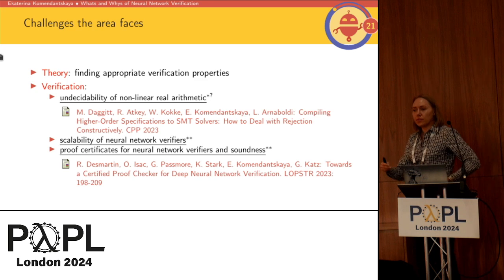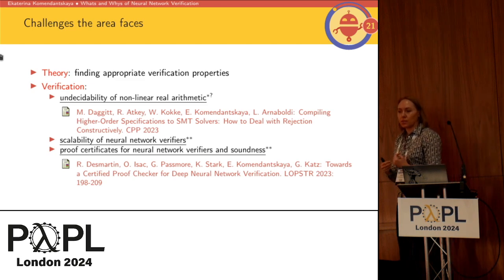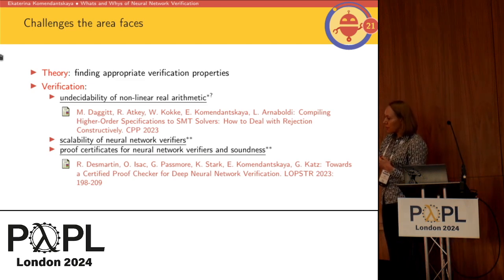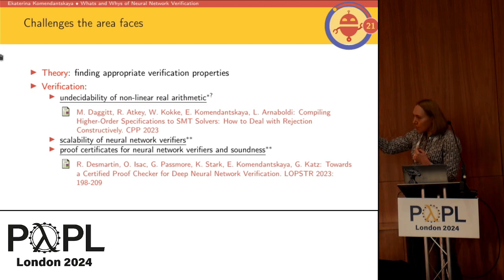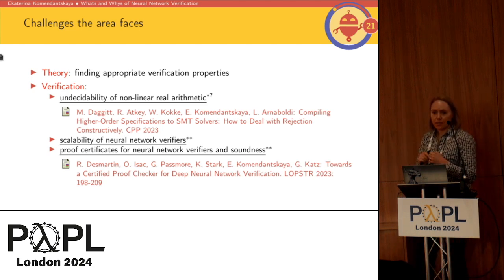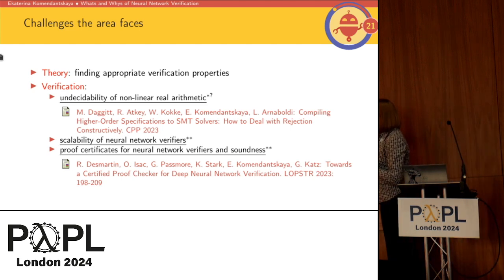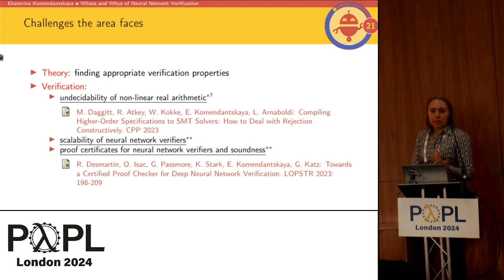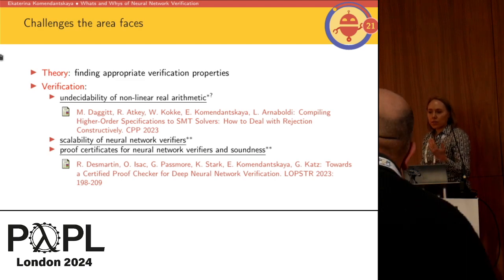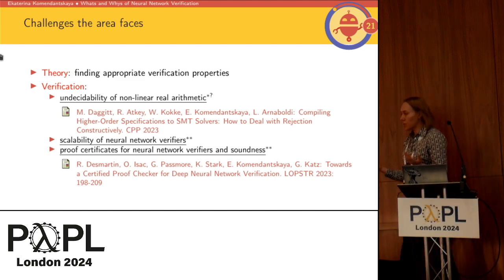So you give a query, it falls outside the fragment you can process, and then through a type system or otherwise, you can inform the user and say, by the way, you're out of the linear fragment in that particular line, in that particular specification. And so this paper here in CPP last year was about using types in order to report to the user when his or her query about a neural network goes outside of the decidable fragment.